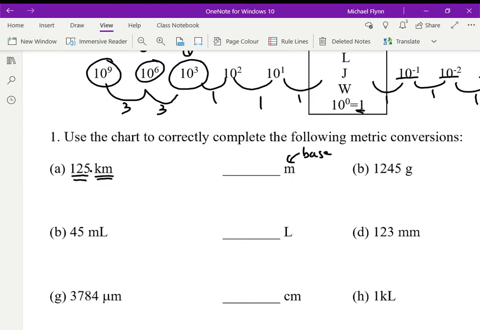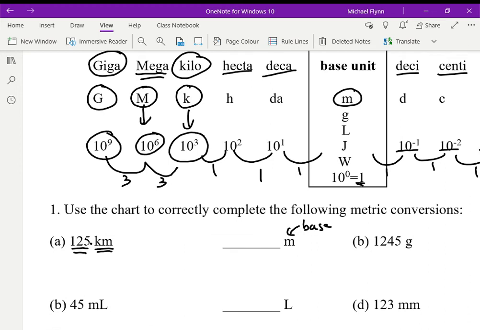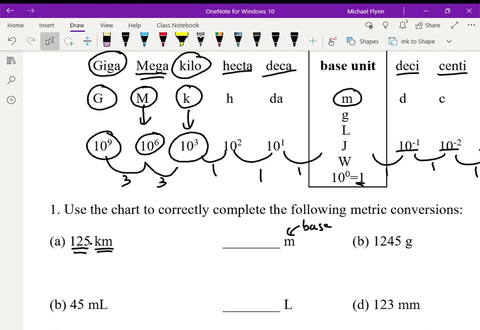It's good to know where the decimal is, okay? Now, you look at kilo. Kilo represents 10 to the power 3. So I'm going to use a red pen here. That's where we are in question A. We're at kilo, and we're going to move to the base unit.